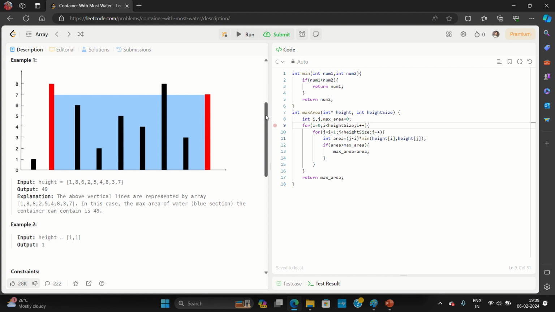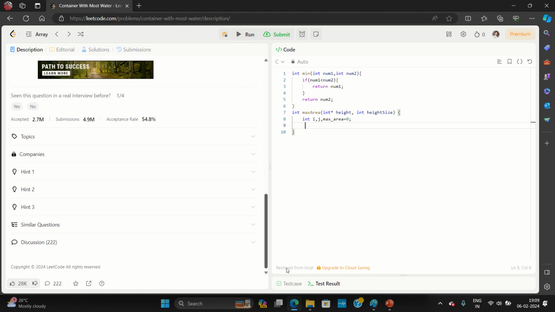Big O of n can be a possibility. As this was big O of n square, we can look for a feasible solution with big O of n time complexity.